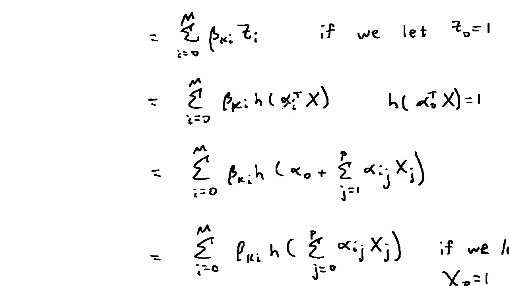Now, this part here is alpha 0 plus the sum of alpha ij xj, j ranging from 1 to p.